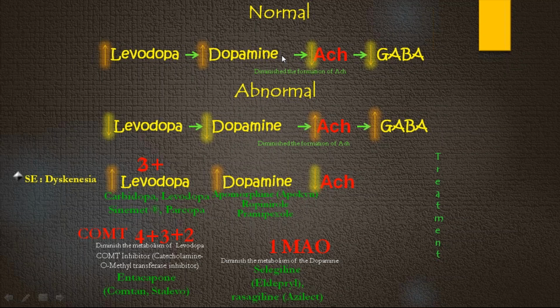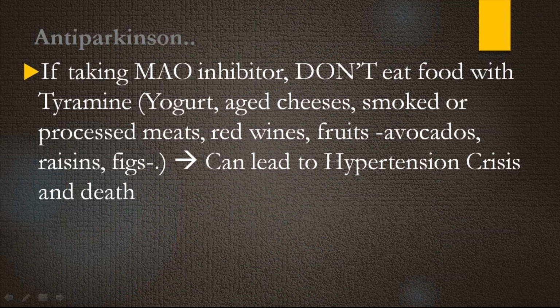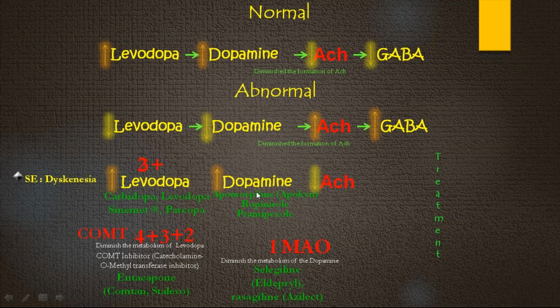Talking about Parkinson, think first about these medications, especially levodopa. We have selegiline, that is the MAO inhibitor, the neuroprotector, to protect the cells from being destroyed in order to keep producing dopamine. Then we have the dopamine agonist, that is apomorphine.